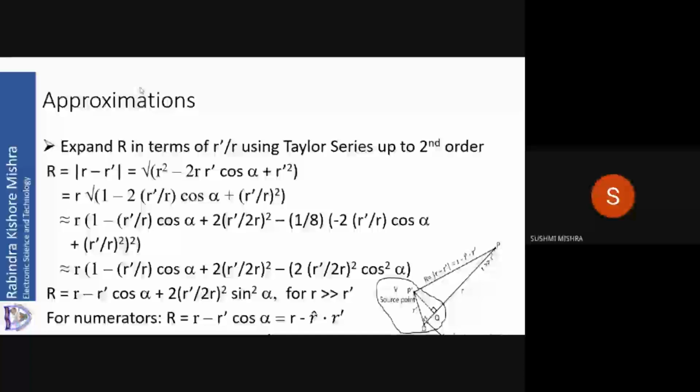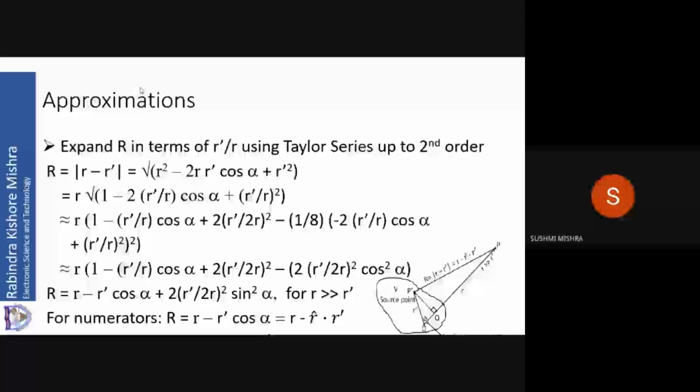So we will neglect the second order term. And for the denominator, we will consider R is equal to r minus r cap dot r dash, that will be approximately equal to r. For the denominator, capital R will be equal to little r, that is what we are going to consider.